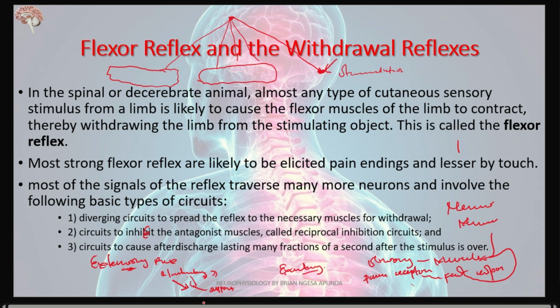If there's a continual insult in terms of pain, you should also be having some continuous withdrawal from the offending agent. But most of the time you're just likely to get one insult, but you keep on withdrawing, not repetitively, but the muscle might remain in a contracted form.